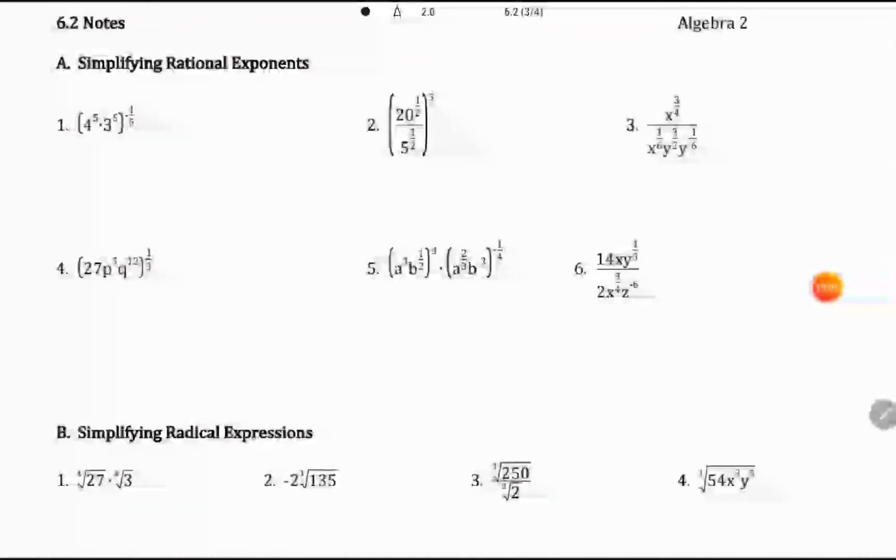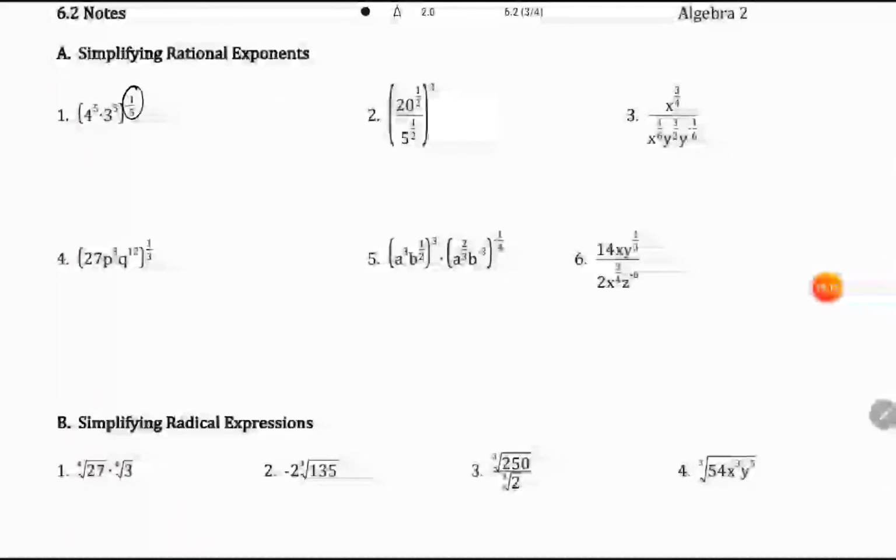Here we go. So first thing I'm going to do is apply that negative 1/5 to both of these. So this is 4 to the 5th times negative 1/5, and 3 to the 5th times negative 1/5.